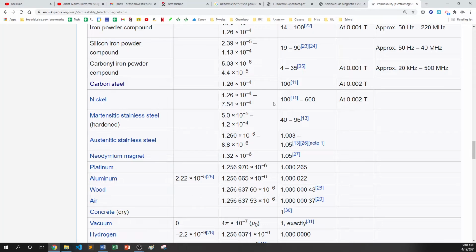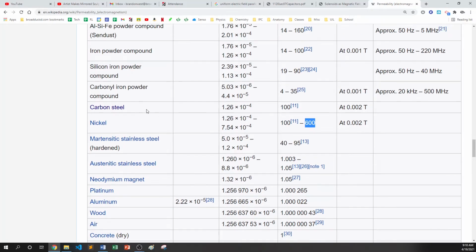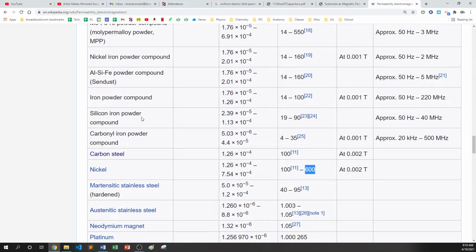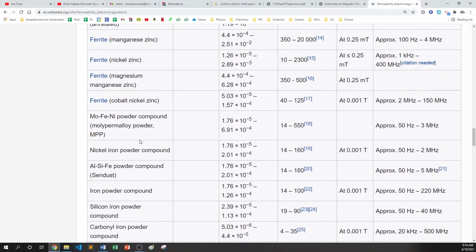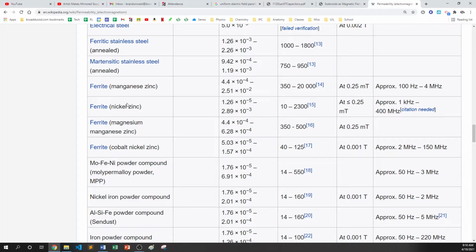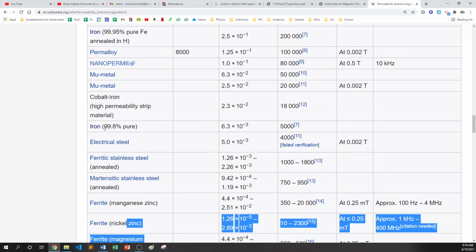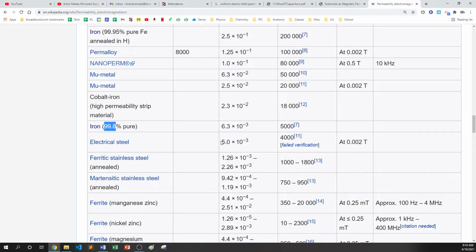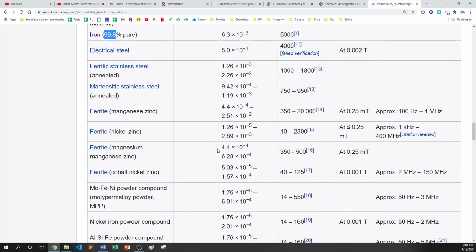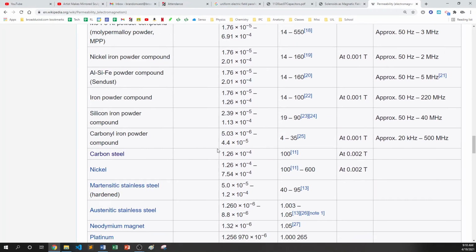So nickel is about 100 up to 600. Carbon steel. When you get to iron, and these are all various combinations of iron, pure iron is 5,000, but you probably won't get a hold of pure iron.